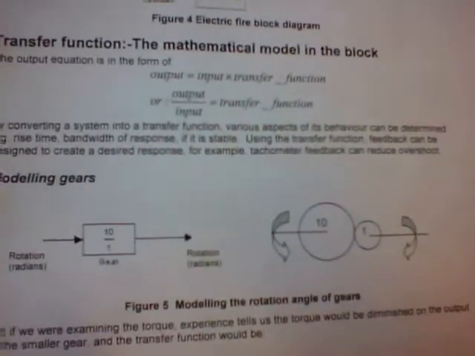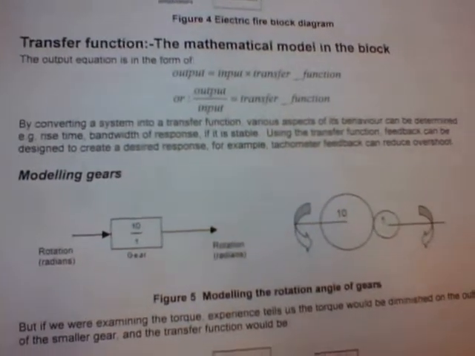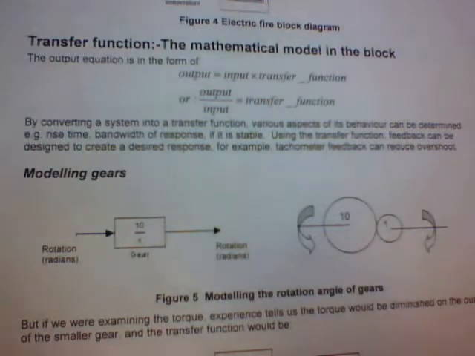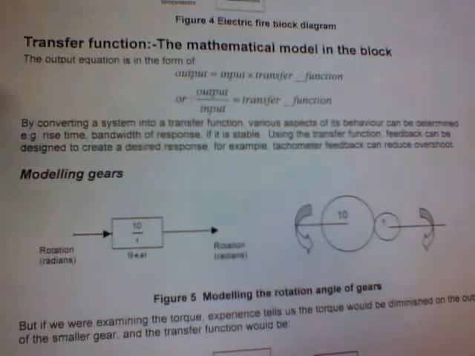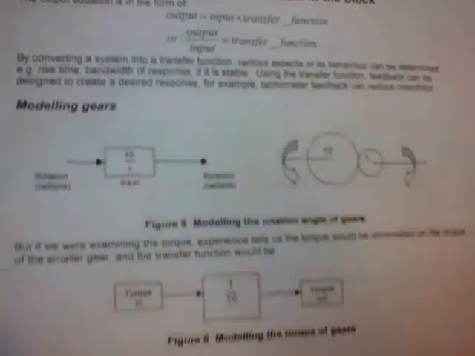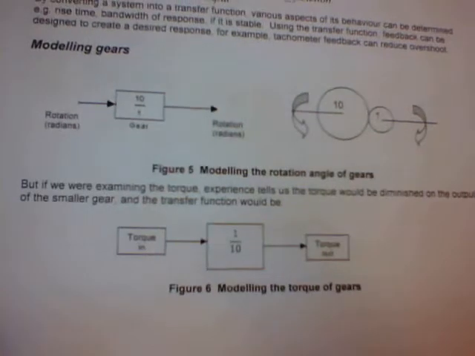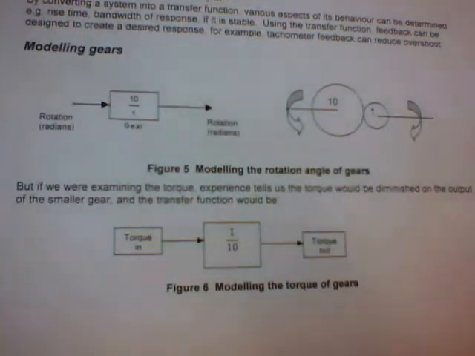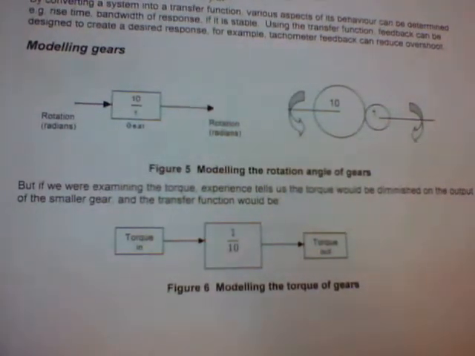Now I introduce the idea of the transfer function. The transfer function is just a nice name for that block diagram, and it basically means that the transfer function relates the input value to an output value. So here's a simple example, modelling gears. If we have a large gear, let's say on the input it has 10 teeth, on the output it has the equivalent of 1 tooth, okay, not very feasible.